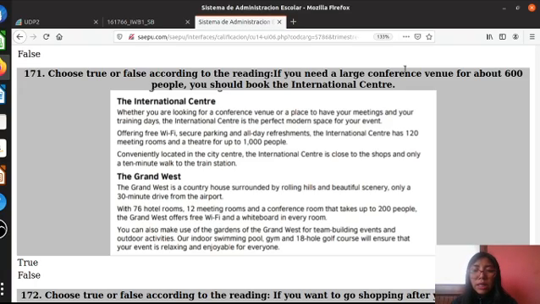Conveniently located in the city center, the International Center is close to the shops and only a 10-minute walk to the train station. Okay, that is the advantage of this International Center.